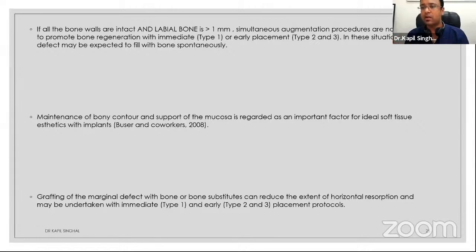That I told you is seen in around 15% of cases. But if the labial plate is thinner, less than 1 mm, then it is mandatory and very important to keep that facial bone and that bulk of bone, so you graft the site along with implant placement. So I'll show cases of both types as we progress.